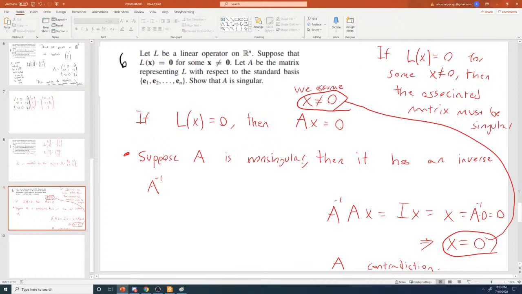So that completes the proof of this part of the problem. Or the entire problem, actually.